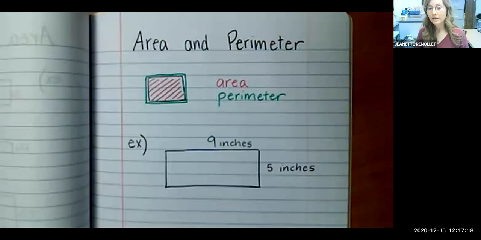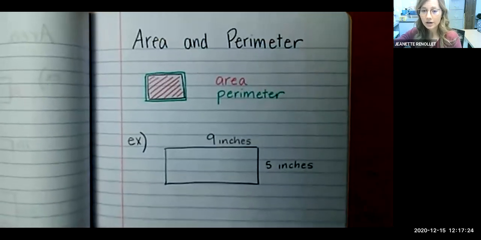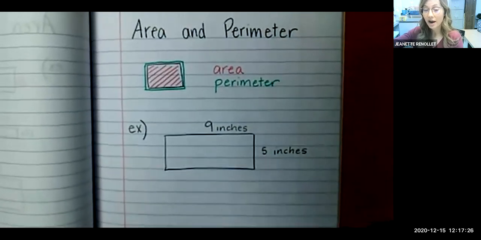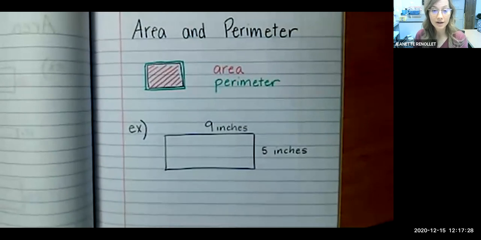All right, let's start by talking about the area in our example. To find the area of a shape, we know we can count the square units inside, or we can multiply length times width.